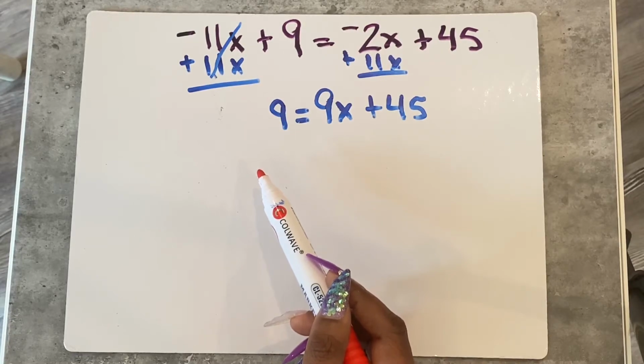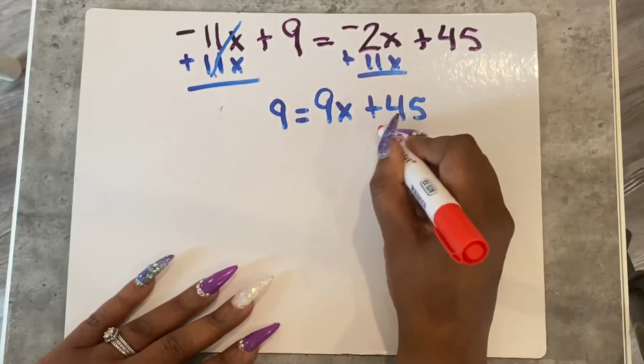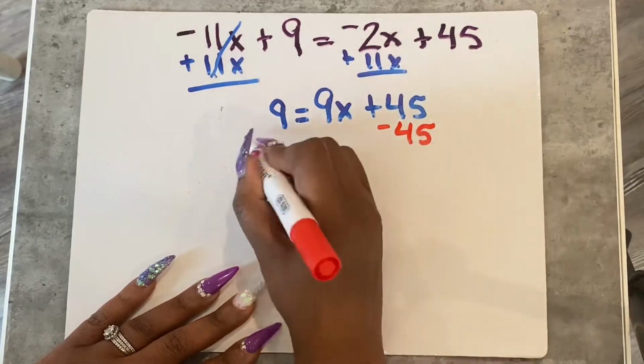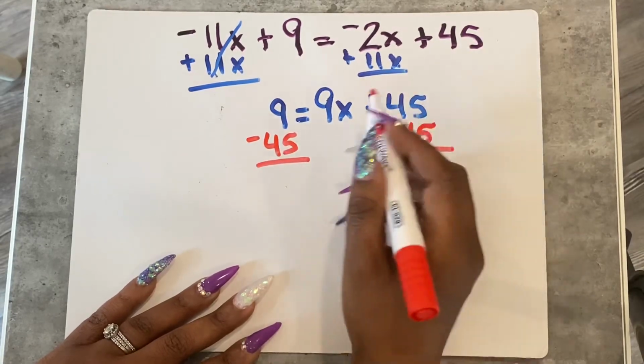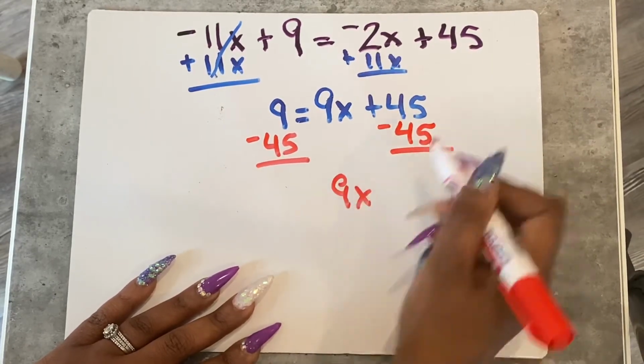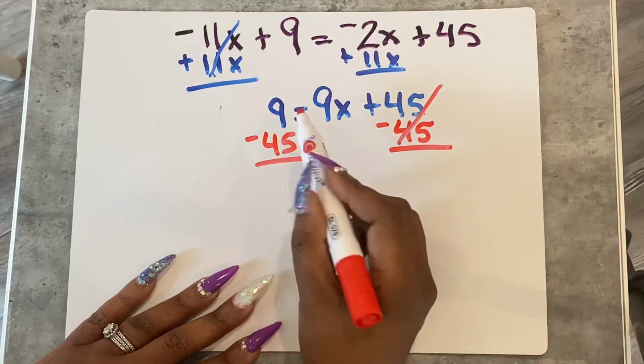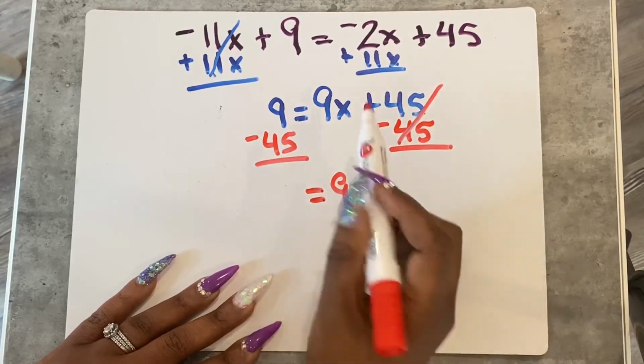Keep it balanced, okay? So I'm going to subtract 45 from both sides. I'm going to bring down what I didn't use. These cancel. I'm going to bring down my equal sign.